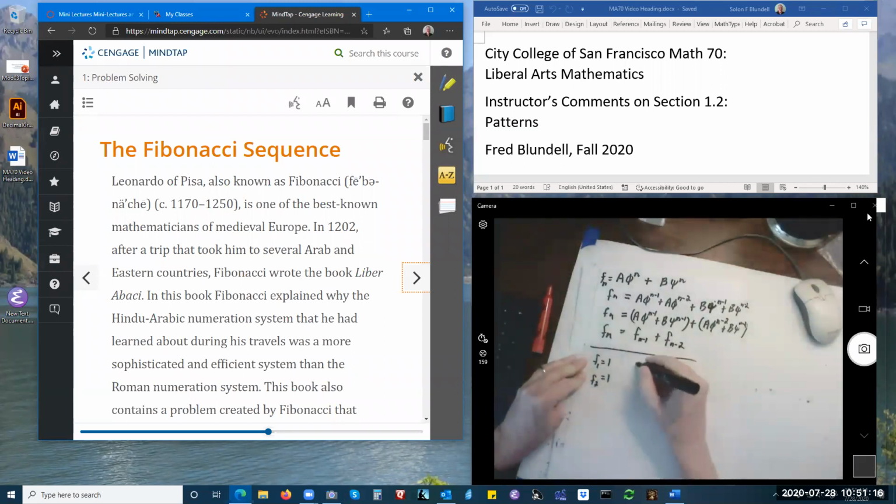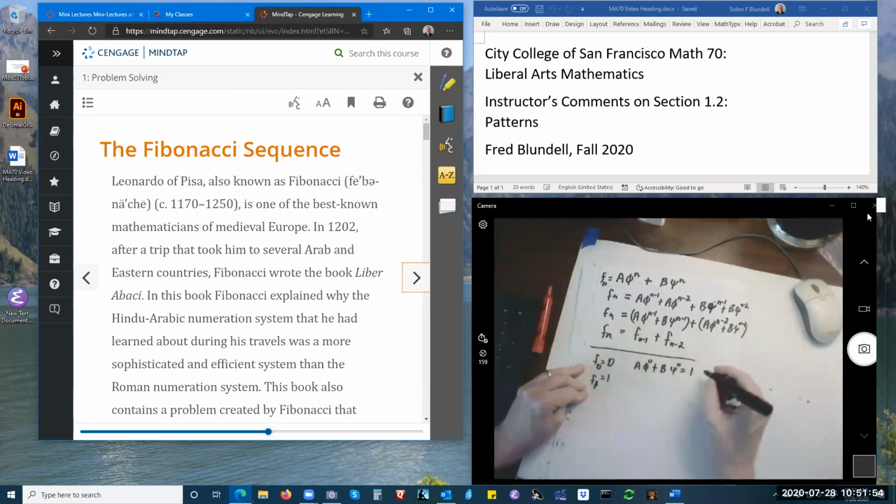what does that mean? It means A phi plus B psi equals 1. And it also means, oh, well, let me do the 0 and the 1. So A phi to the 0 plus B psi to the 0 should equal 0.